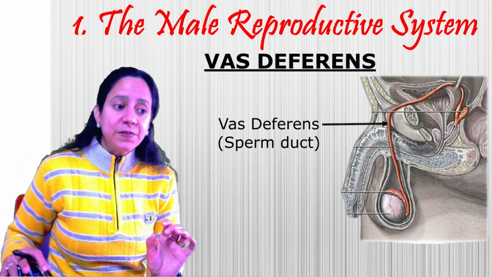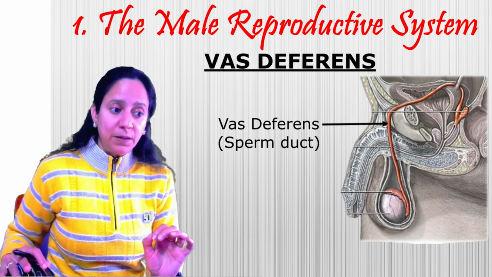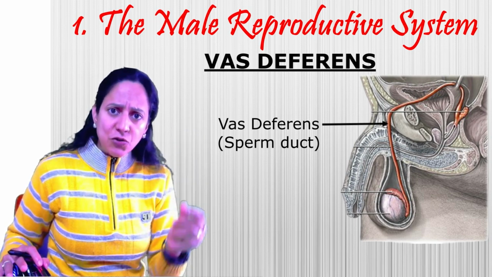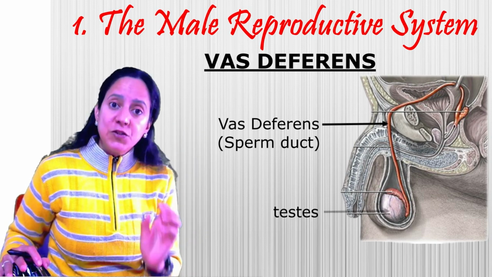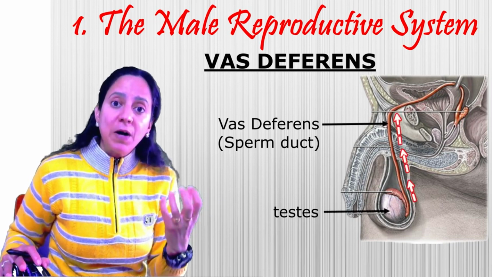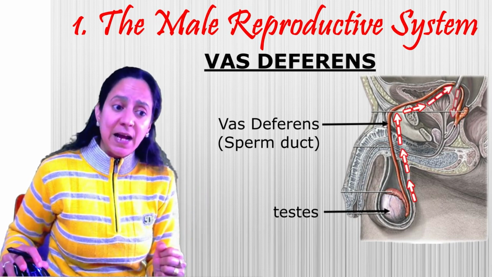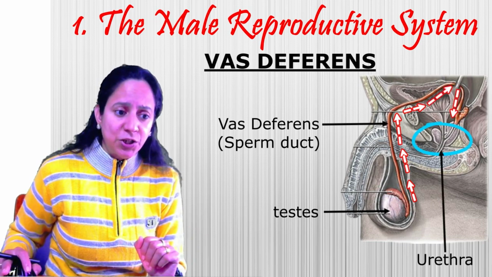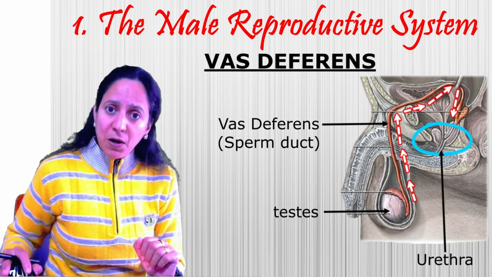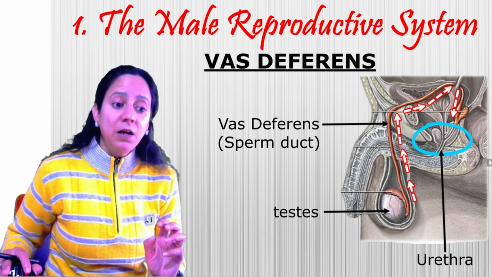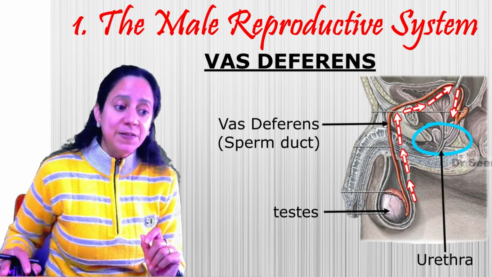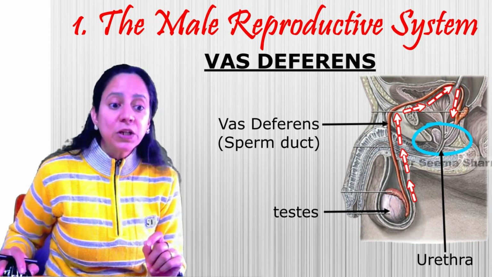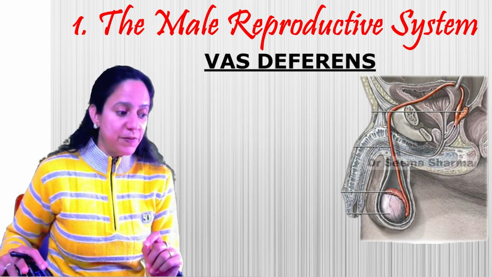Next part of the male reproductive system is the vas deferens. This vas deferens is also called the sperm duct and it's actually a narrow tube which transports sperms and secretions from other male sex glands to the urethra. So this tubular structure takes the sperms, which are millions in number, along with secretions from other sex glands to the urethra part of the male reproductive system.